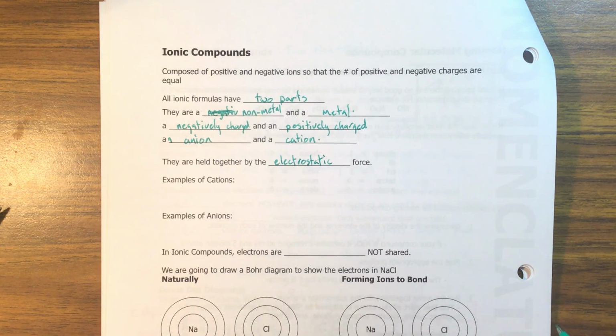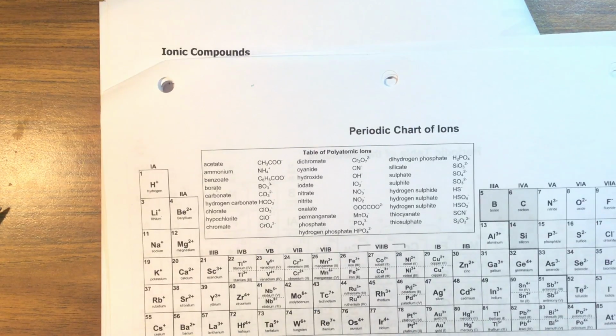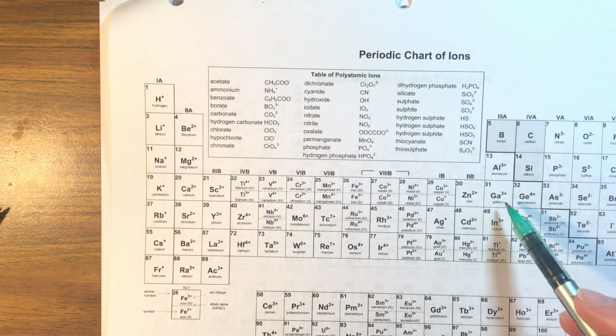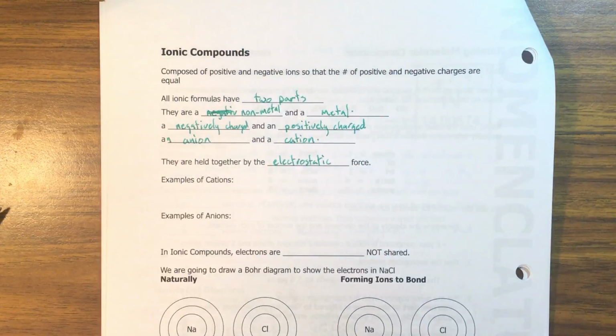Examples of cations, positively charged ions: you look at your chart, any one of these guys over here that takes on a positive charge. Gallium, sodium, magnesium.